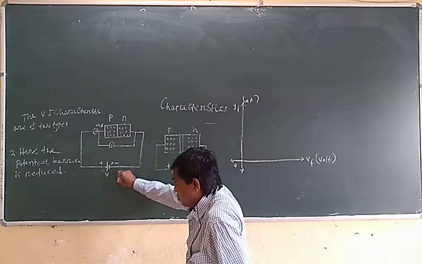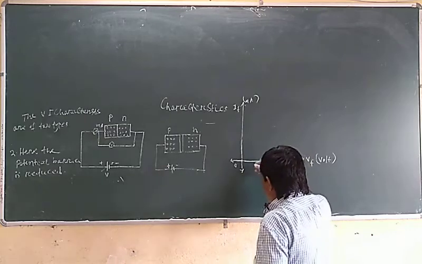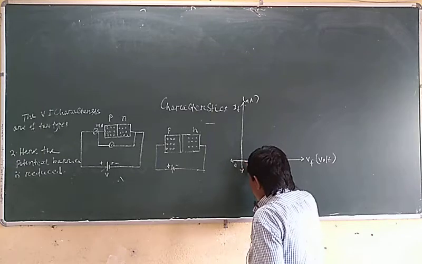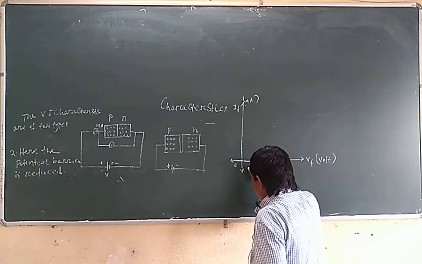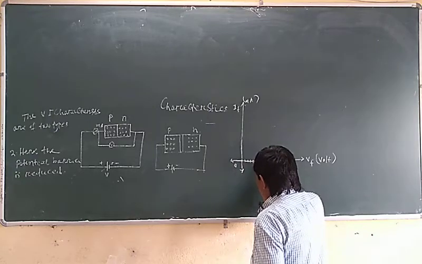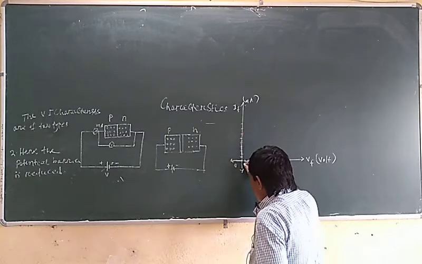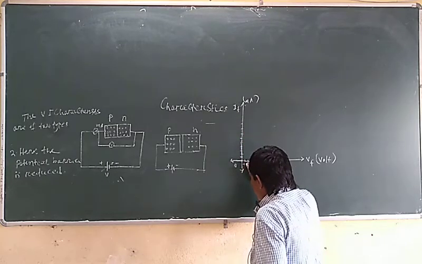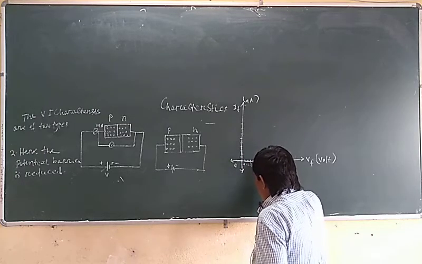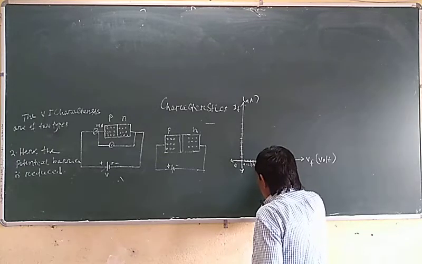When we apply 0.1 volt, then we study it in our graph. Suppose this is the x-axis. We take voltage on the x-axis and current along the y-axis. Suppose 0.1, 0.2, 0.3, 0.4, 0.5, 0.6, 0.7, 0.8, 0.9 and 1.